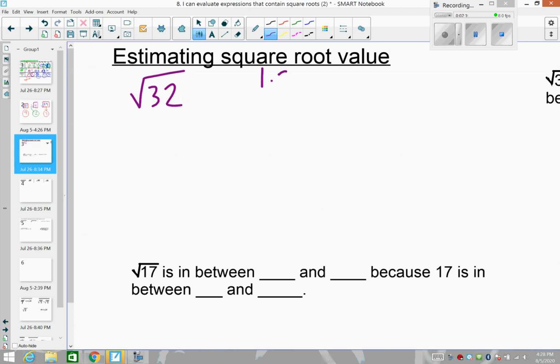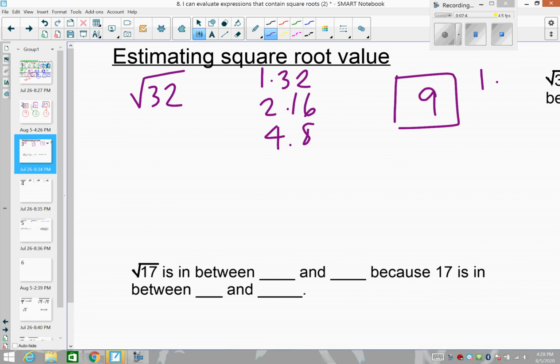Well, let's think about the factors of 32. So 1 times 32, 2 times 16, 4 times 8, and there's probably more. So let me see if I'm missing any. I think I have them all. Those are the 6 numbers that go in, or the 3 factors of 32. None of those are squares, because in order to be a square, keep in mind here, the factors of 9 would be 1 times 9 or 3 times 3.